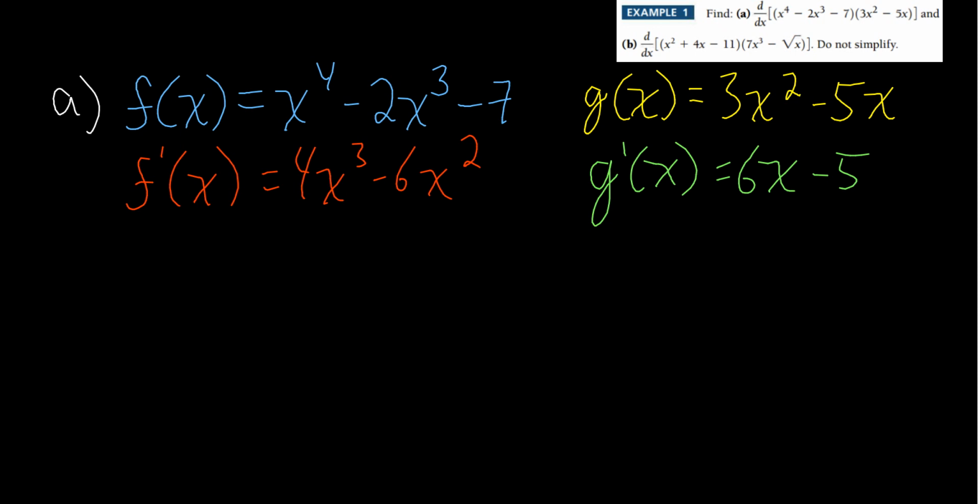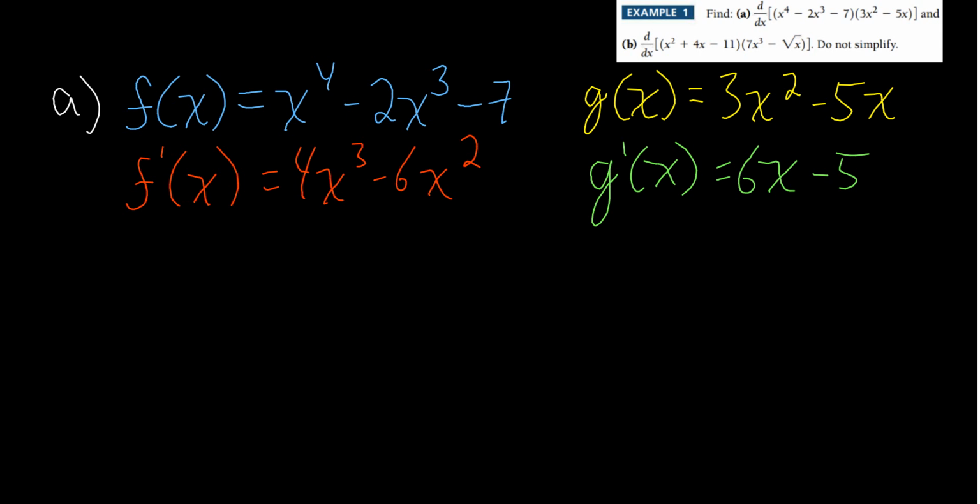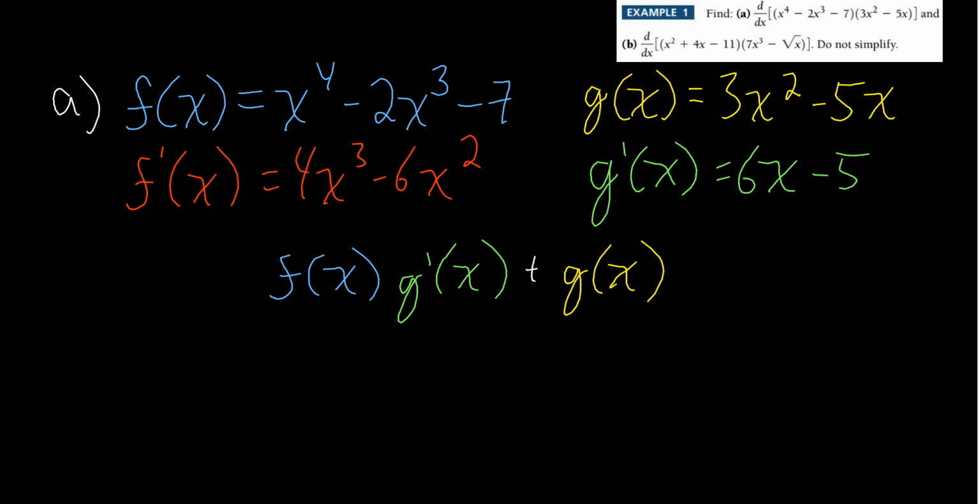So going back to our product rule here, we had the first, f of x, times the derivative of the second, so g prime of x, plus the second, g of x, times the derivative of the first, which is f prime of x. So that's the format that we are going to follow.